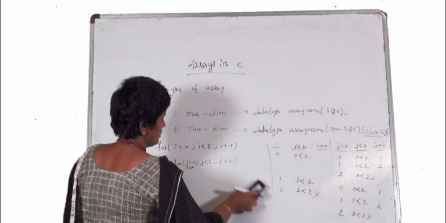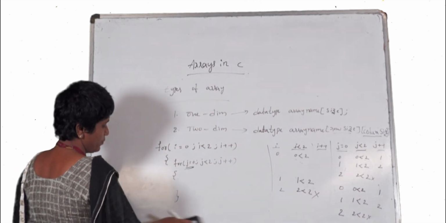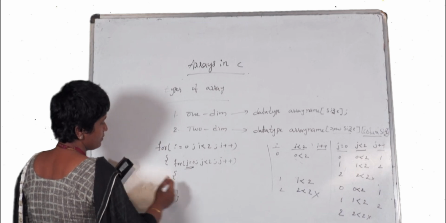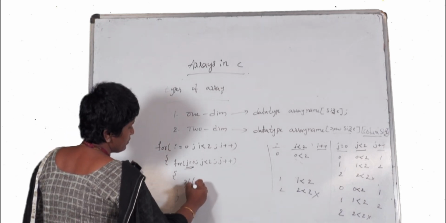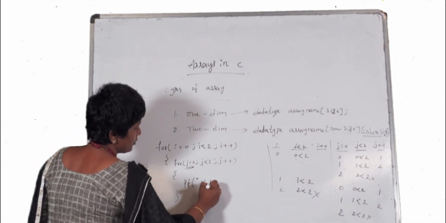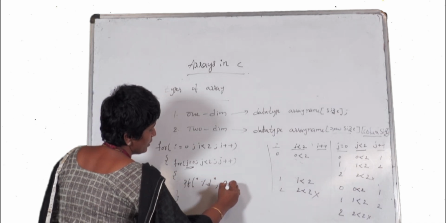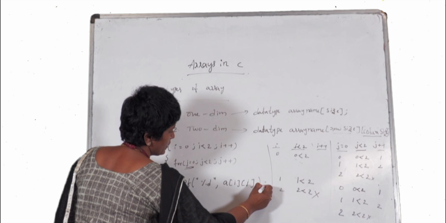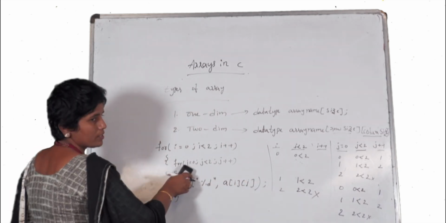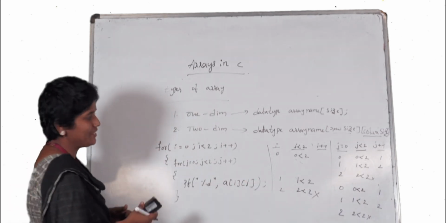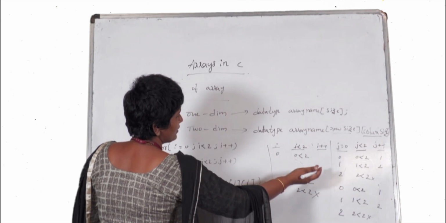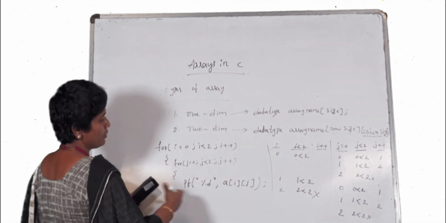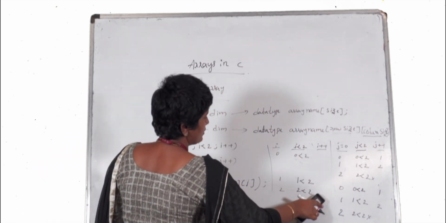We already know how to print the output in C language. We use the printf function, printf %d comma a of i and j. We already know the process of a of i and j, and we do the same analysis with the i and j values.